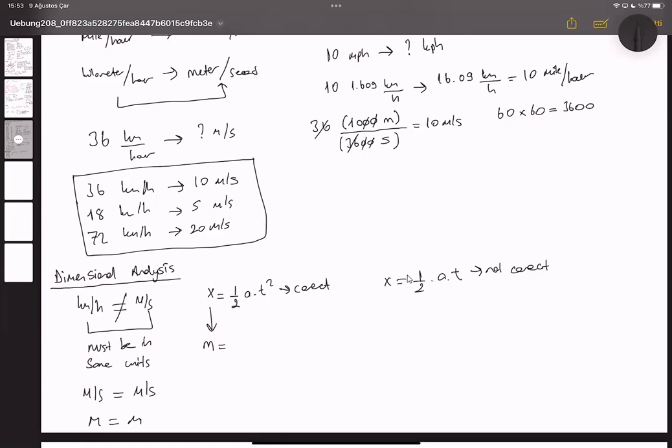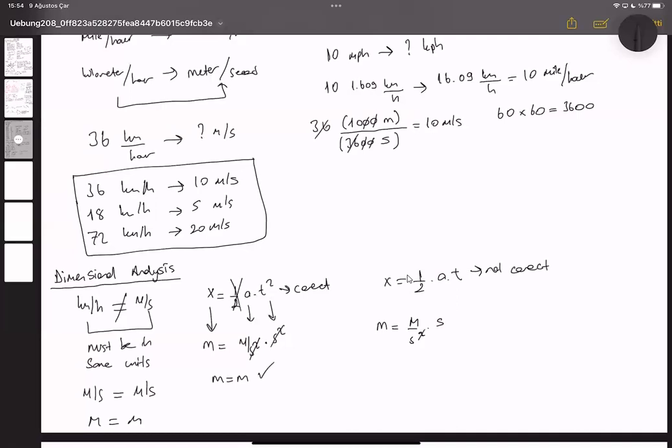We will not use the numbers in the dimensional analysis. So a is meter per second squared for the acceleration. And finally, the time in second squared again. When the second squares cancel out, we find meter equals meter. It's okay for us. But for the wrong formula, we will see meter equals meter per second squared times seconds.